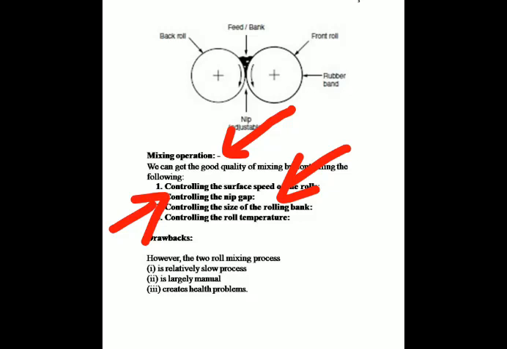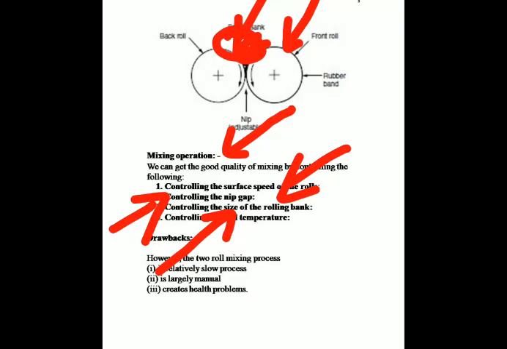And also by controlling the size of the rolling bank. We can control the size of this bank so that good quality of mixing is obtained. And also by controlling the roll temperature.